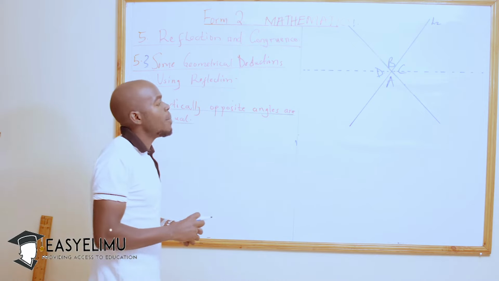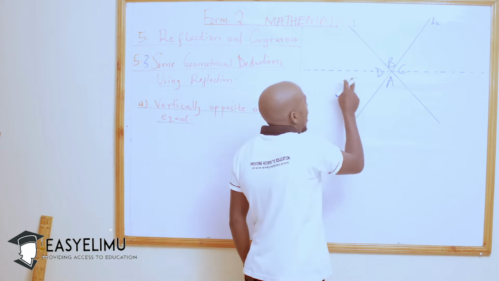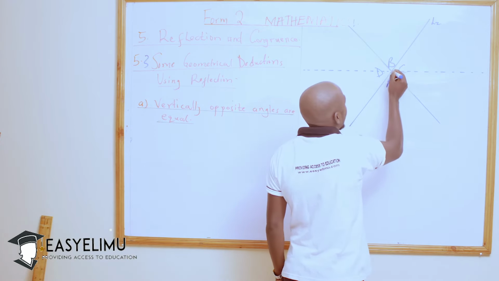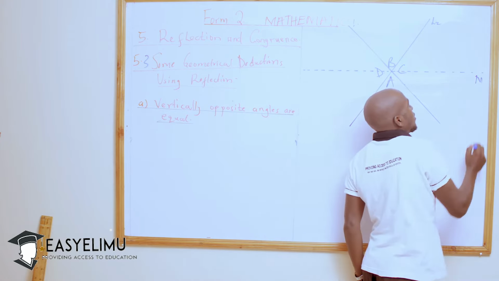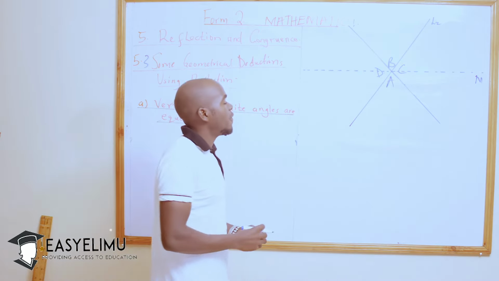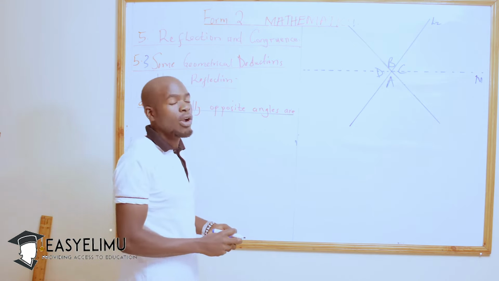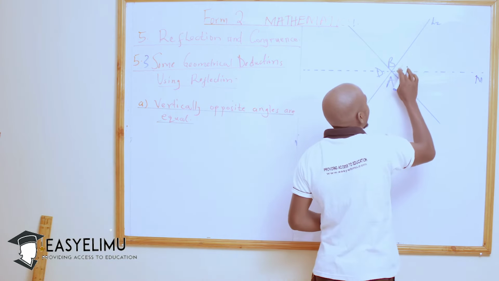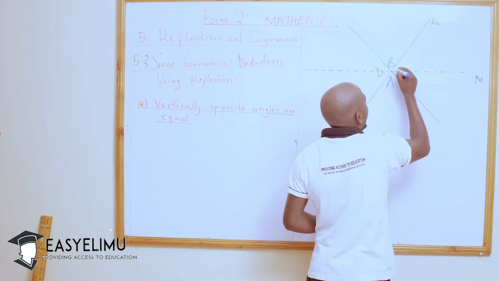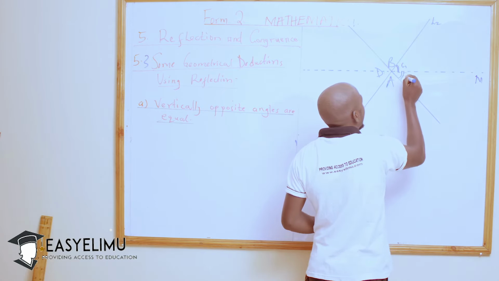Then I draw a mirror line such that it cuts through angles C and D, as we can see here. Let's call that mirror line M. You will find that it cuts each of those angles, C and D, into two equal parts. Let's call the angle which is cut, that of angle C, the first part C1 and this part C2.